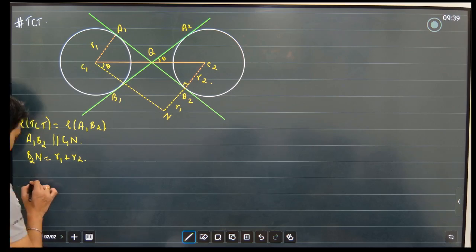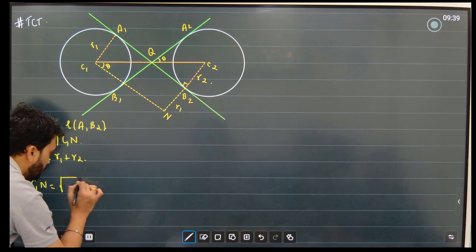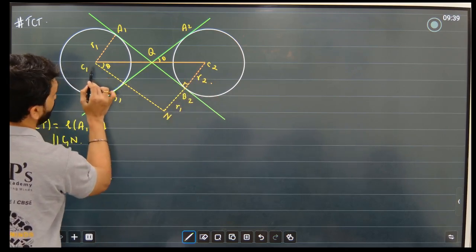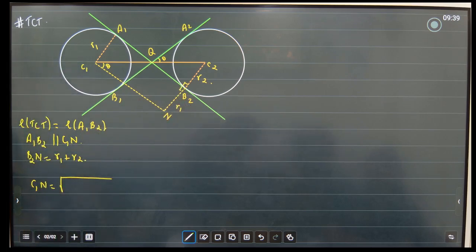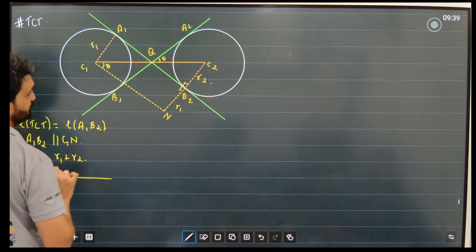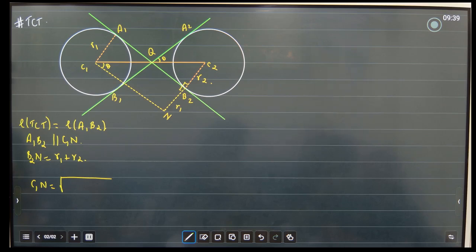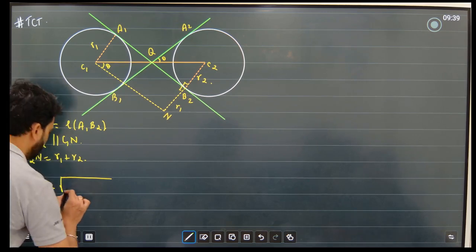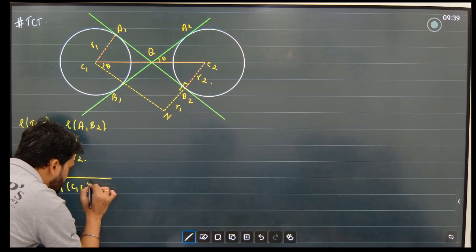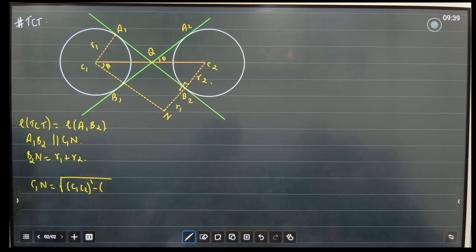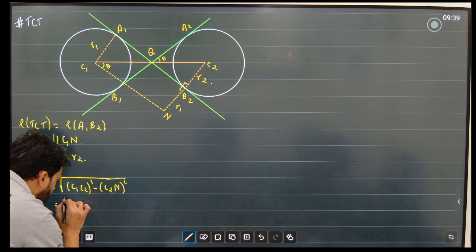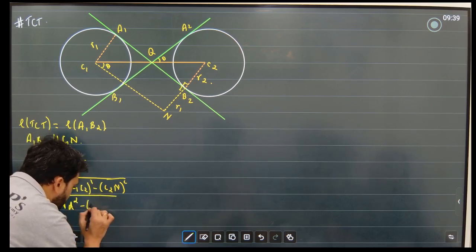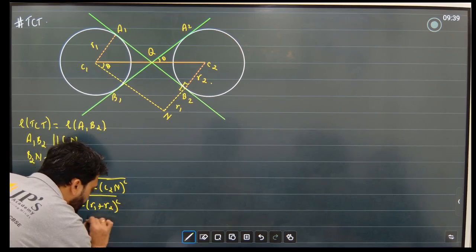Since it is so, I will get C1N equal to the square root of, see this is C1N, this is Pythagoras theorem, so this is 90 degrees. In triangle C1C2N, solving for C1N, it will become the square root of C1C2 the whole square minus C2N the whole square, and this will become D square minus (R1 plus R2) the whole square.